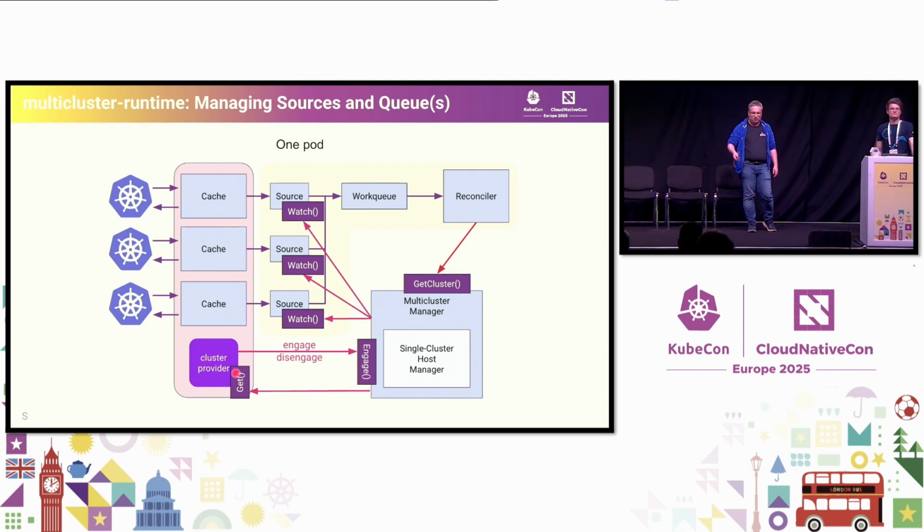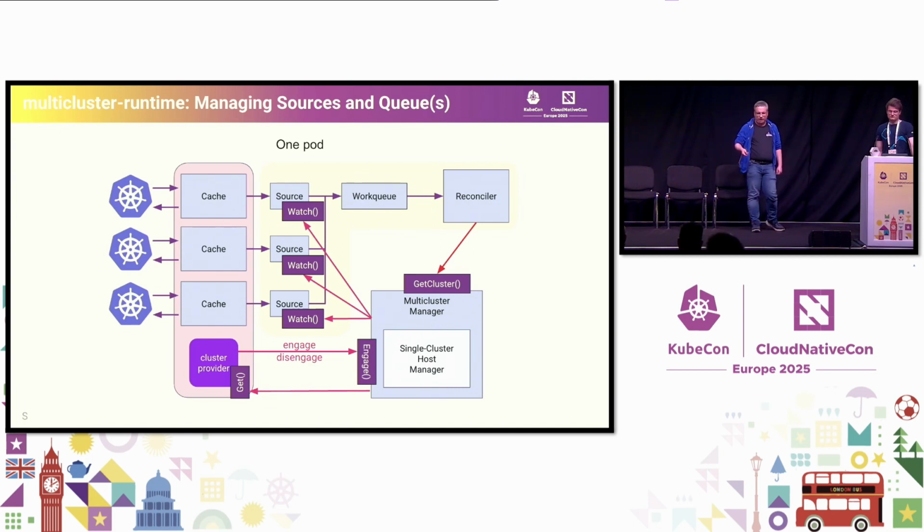Inversely, when a new cluster goes online and it's discovered, then it's engaged on the manager, so the manager knows about it, and it will manage the sources. So then you can imagine another cache comes into that list, and all the sources, which are the watches basically against the caches, are managed by the manager, so they are created for the new cluster, and they then produce events which go into the work queue, and the reconciler just processes events from the new cluster.